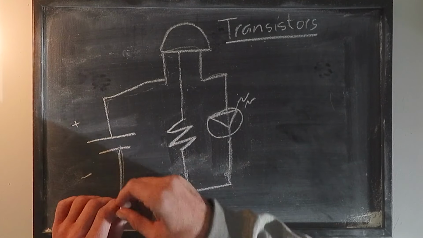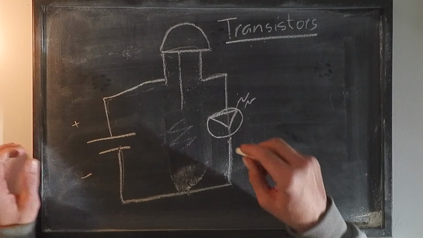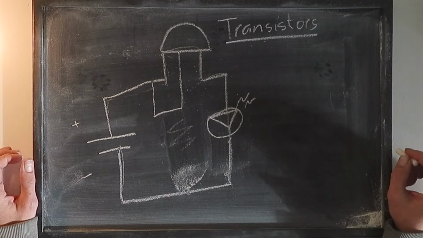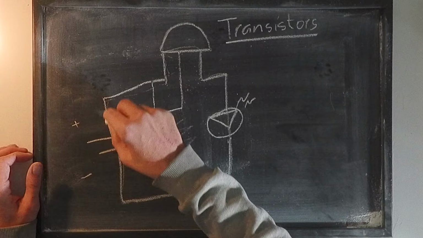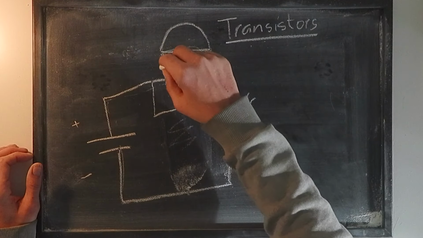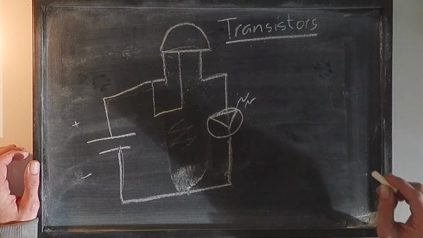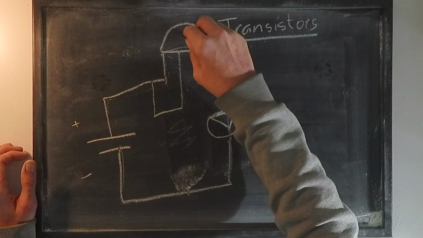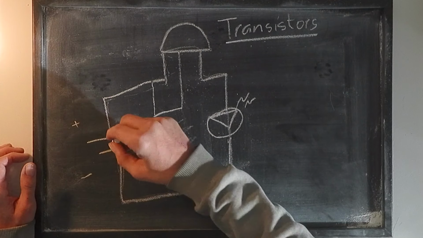And if we wanted to disconnect this, we could just let it float like this, or we can connect it to the plus side or something like that. But the important thing is that if we have electricity flowing through the leg, and that in turn creates a full circuit, then this will activate and put electricity this way.